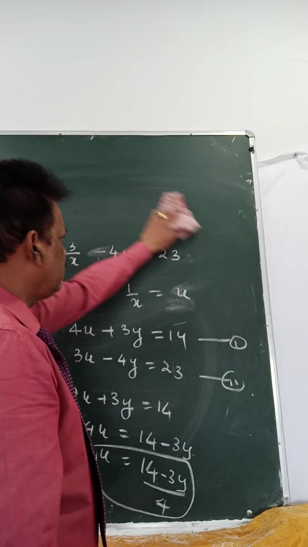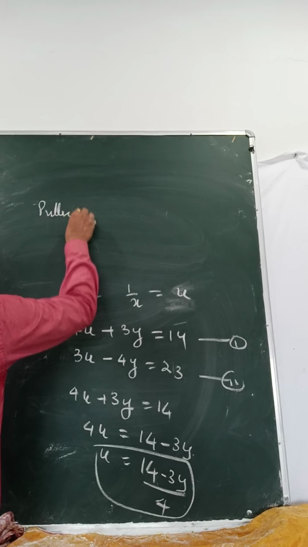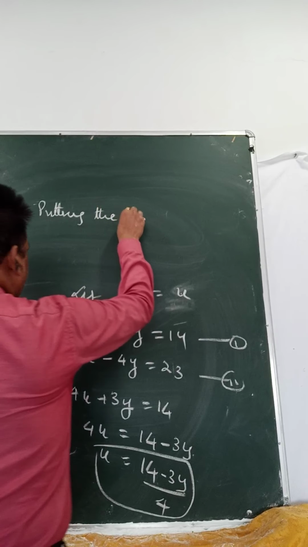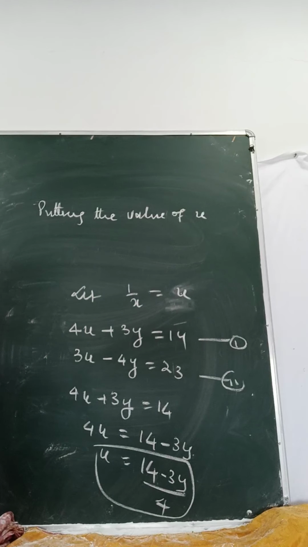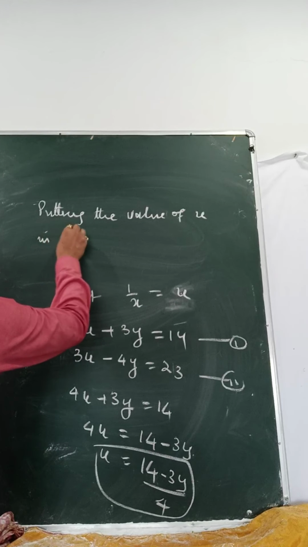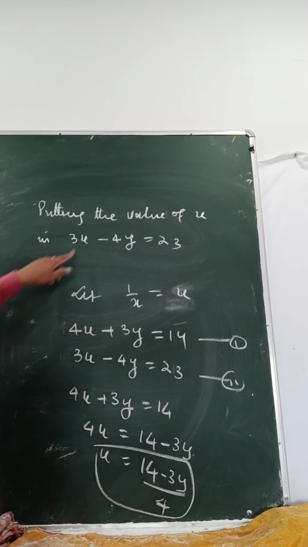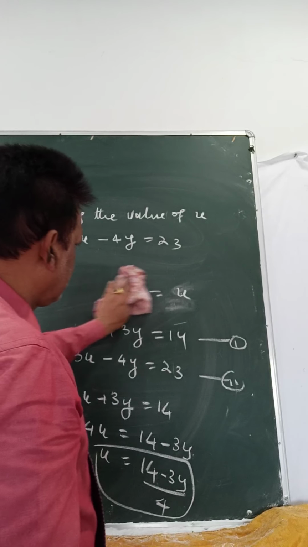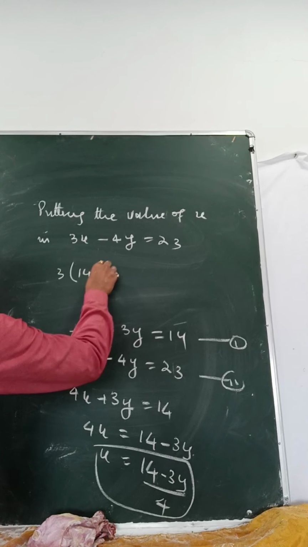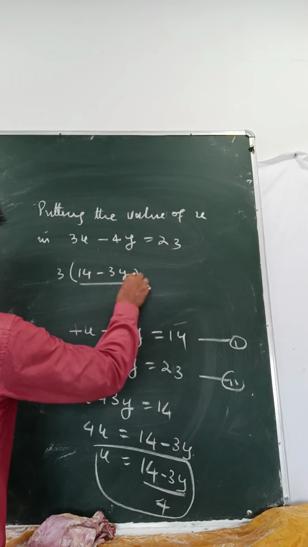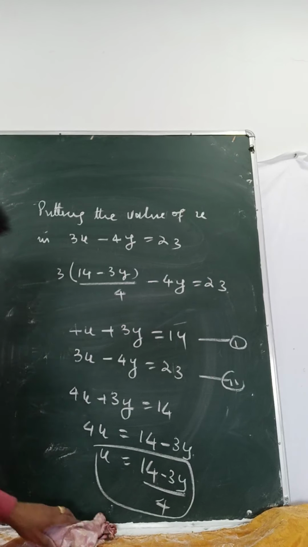Putting the value of u in 3u minus 4y equals 23. Let's put the value of u here. 3 times (14 minus 3y) by 4 minus 4y equals 23. Go to solve it.